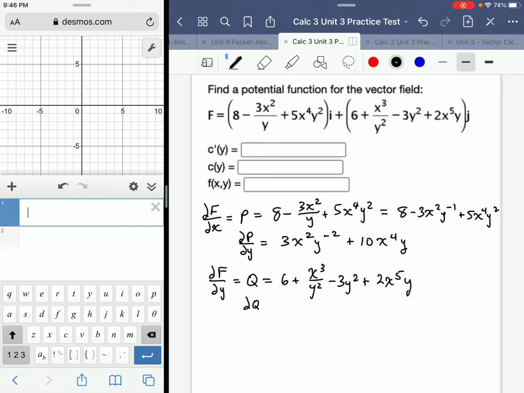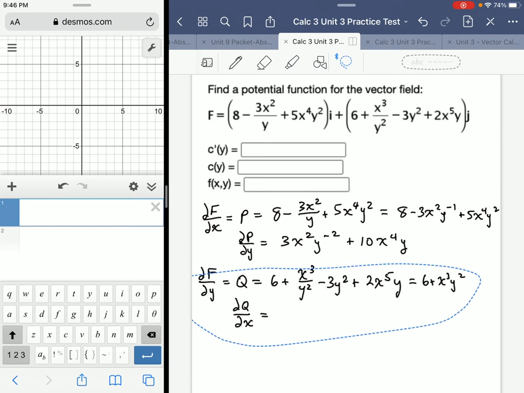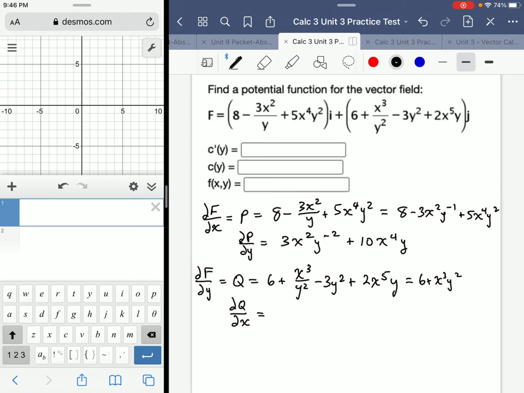So if I find my first order partial for Q with respect to x, again, a quick rewrite, 6 plus x to the 3rd y squared plus all that remaining good stuff, so plus 2x to the 5th y. We're differentiating this with respect to x.